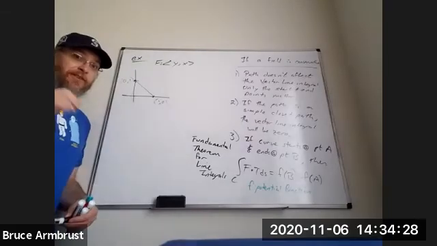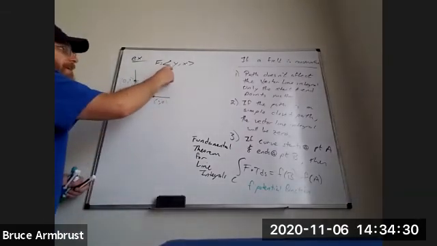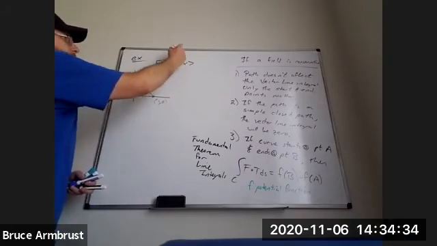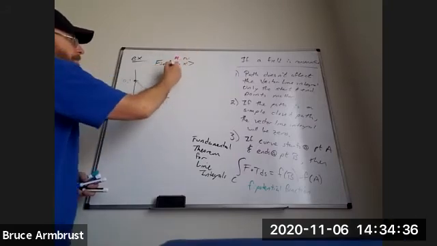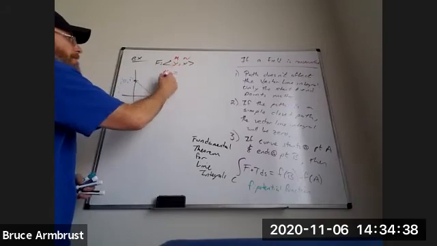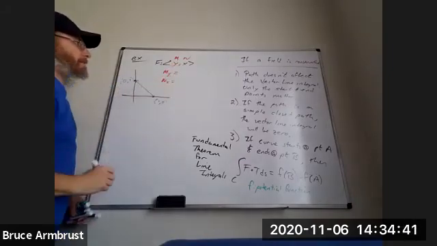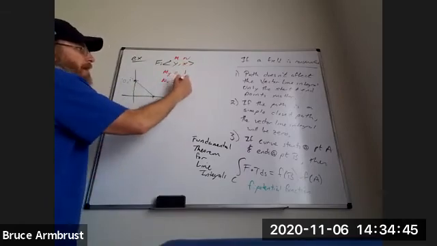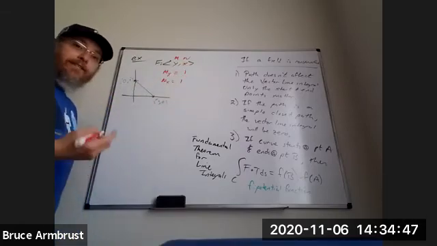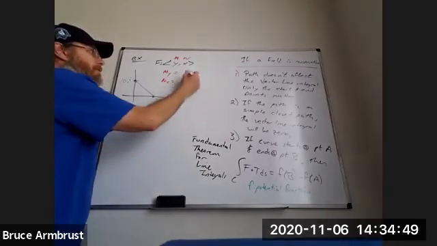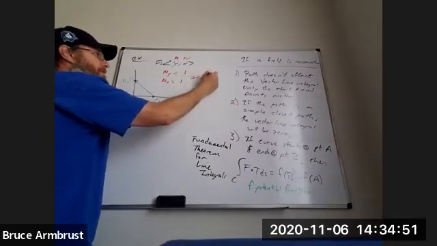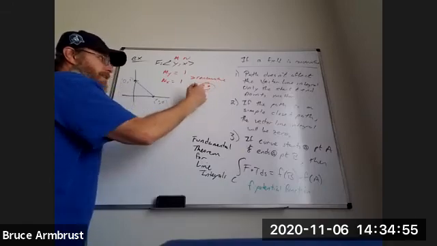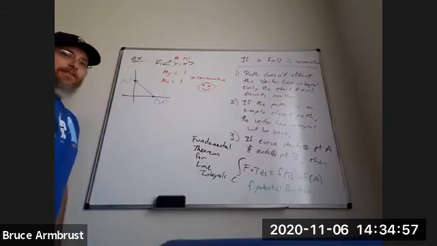First things first, we want to show that this thing is conservative. If we call these m and n, we need to look at m_y and n_x. Well, m_y is 1, n_x is 1. Since those are equal, we know that this is conservative.